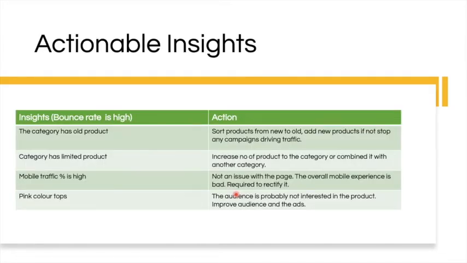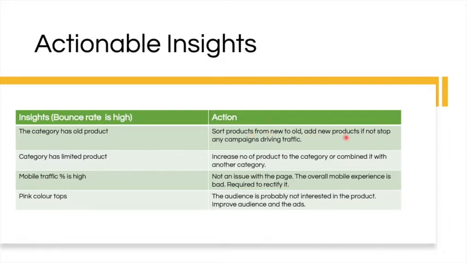And finally, here are some examples of actionable insights. If the bounce rate is high and the category has old pages, which means, let's say in fashion and apparel, the category pages have leftovers and old products we launched some time back, then the bounce rate is high. The action we can take is to sort the products from new to old and add new products.